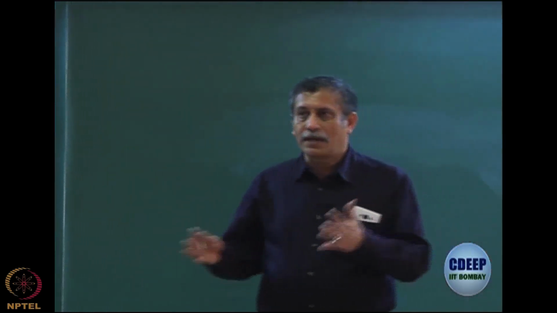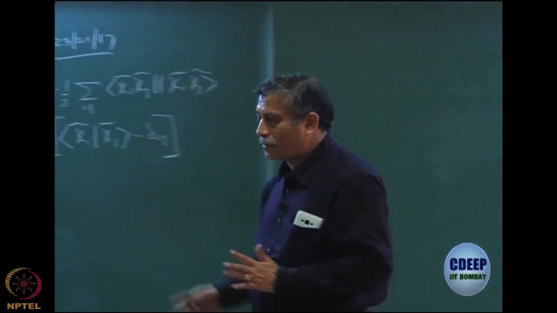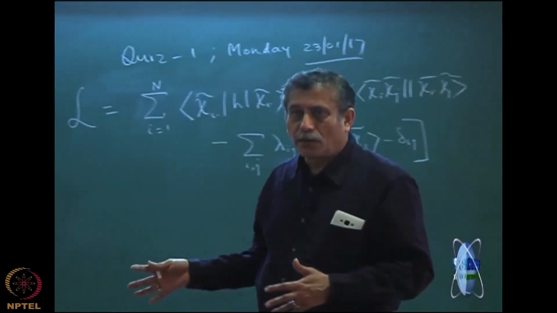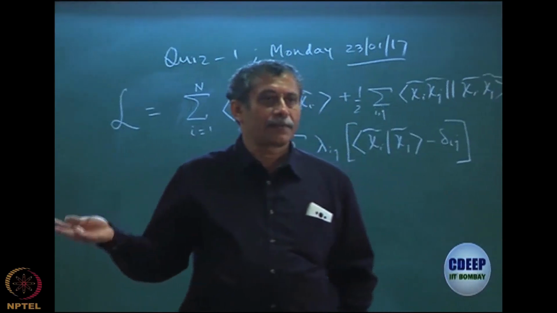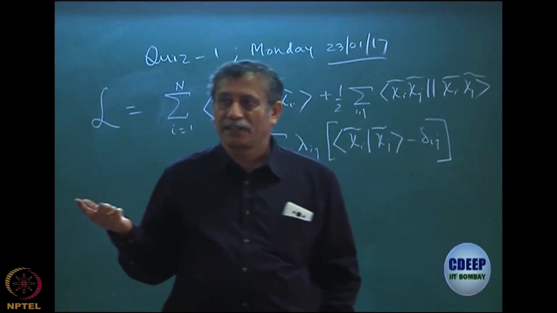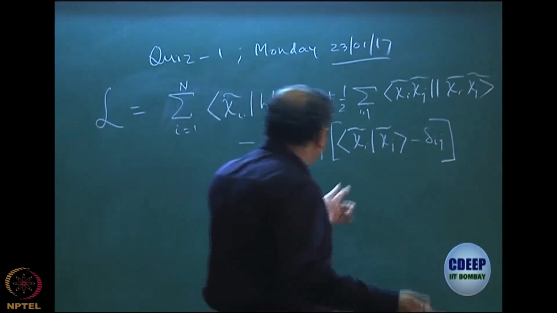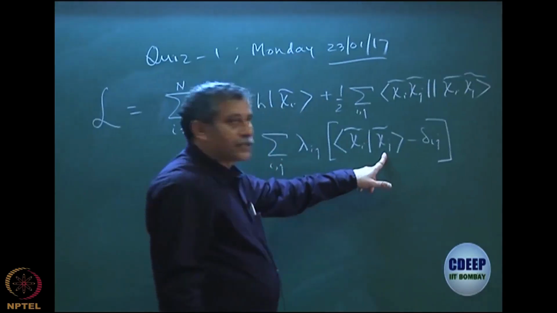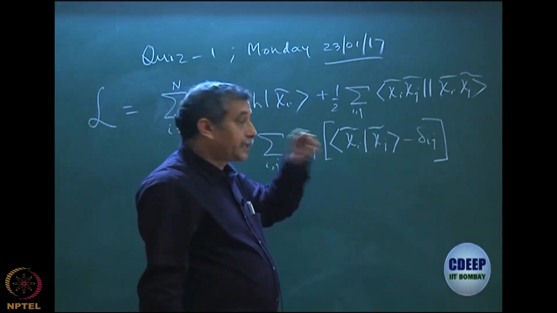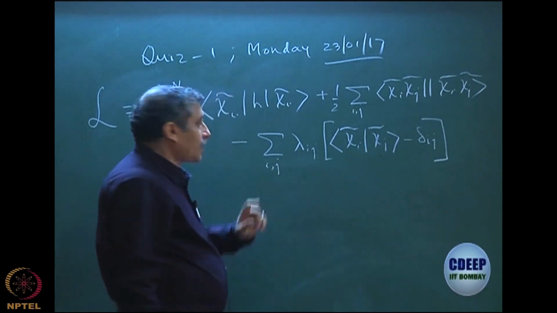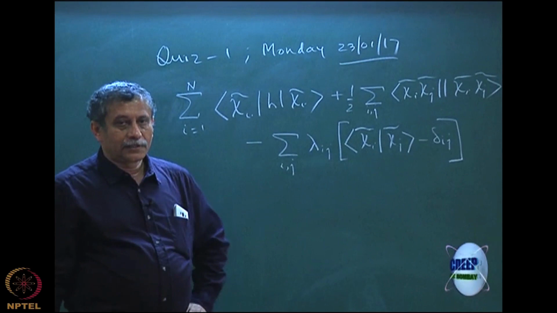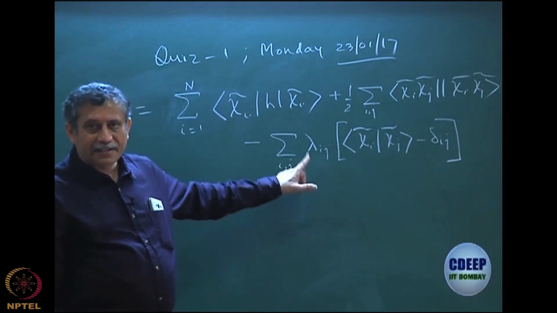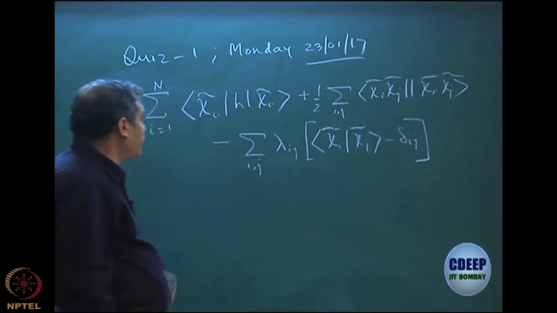If I have only one condition, say I want to optimize f of x subject to g of x equal to 0, then the Lagrangian becomes simply f of x minus lambda times g of x, because there is only one condition. Here it is not one condition, because i and j give n square conditions, so for each ij I have one lambda ij. That is why it is a matrix.